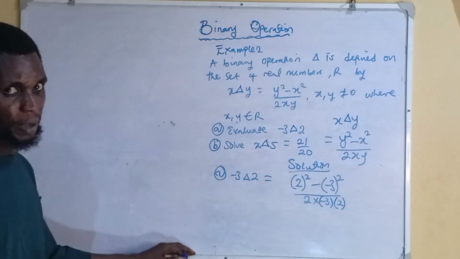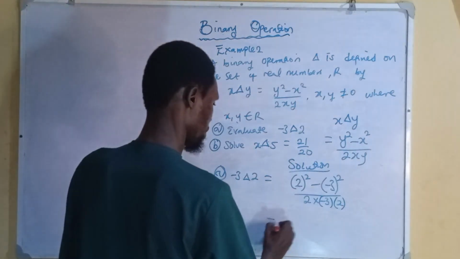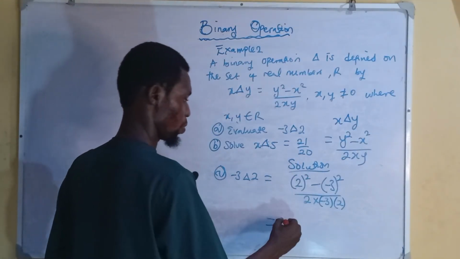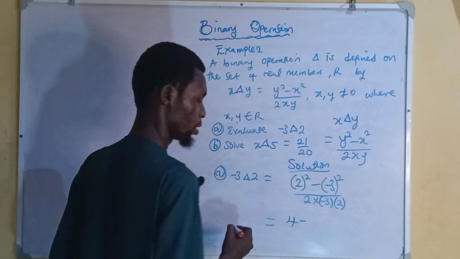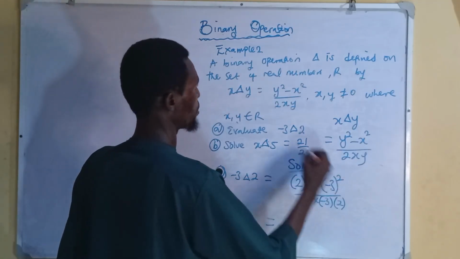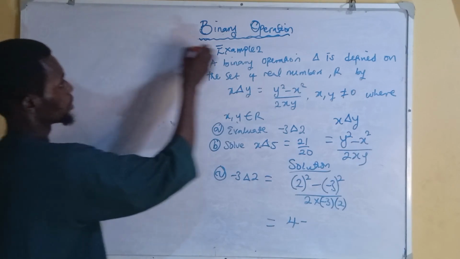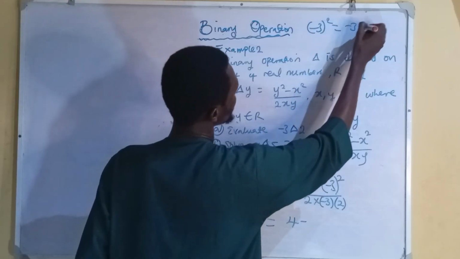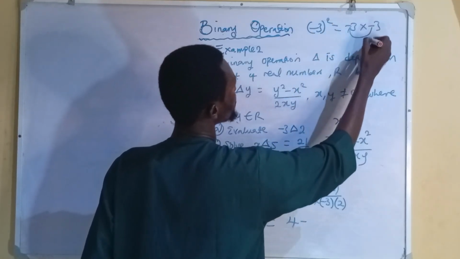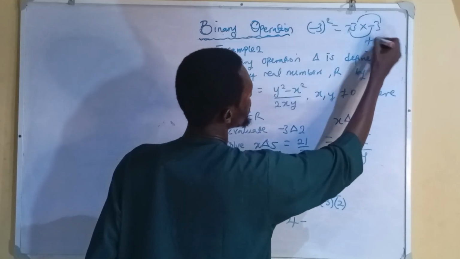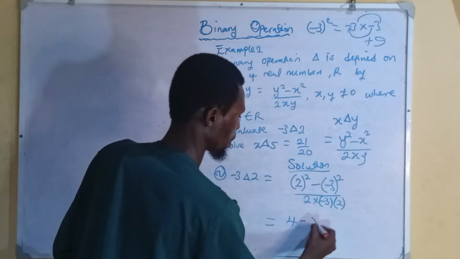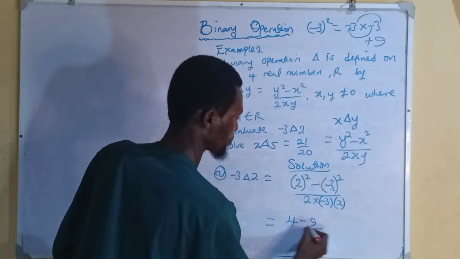You can also read it that way to help you. So we move to the next step: 2 squared is 4, minus 3 squared. Minus 3 times minus 3 is plus 9, so minus 3 squared is 9, so you have minus 9.